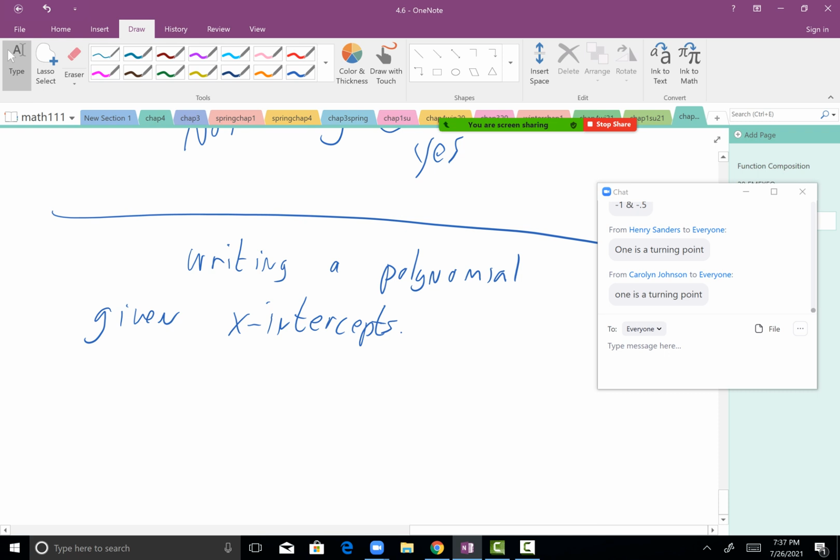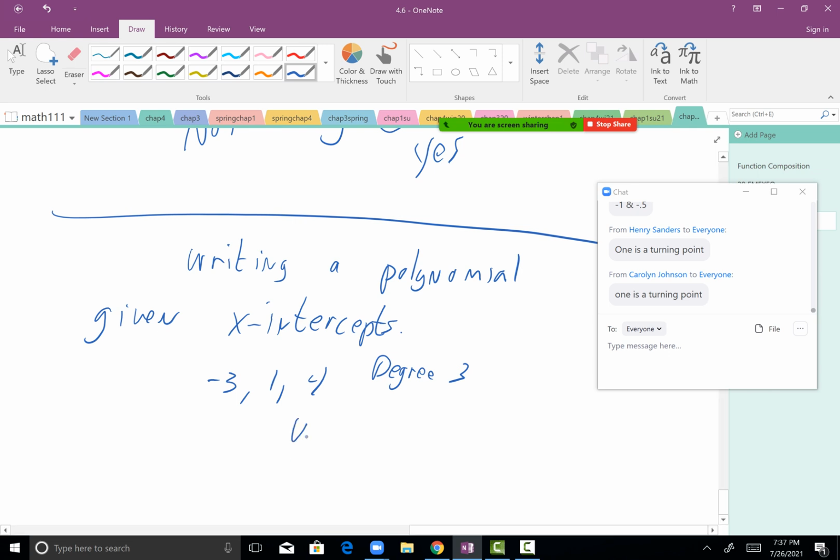So let's say that we have x-intercepts of -3, 1, and 4, and they tell you that the degree is 3. Now it's important that they tell you what the degree is, because remember, you could have 3 x-intercepts for a 4th degree, a 3rd degree, a 5th degree, 6th degree. How do I know what it is unless you tell me? So they got to tell you what the degree is.